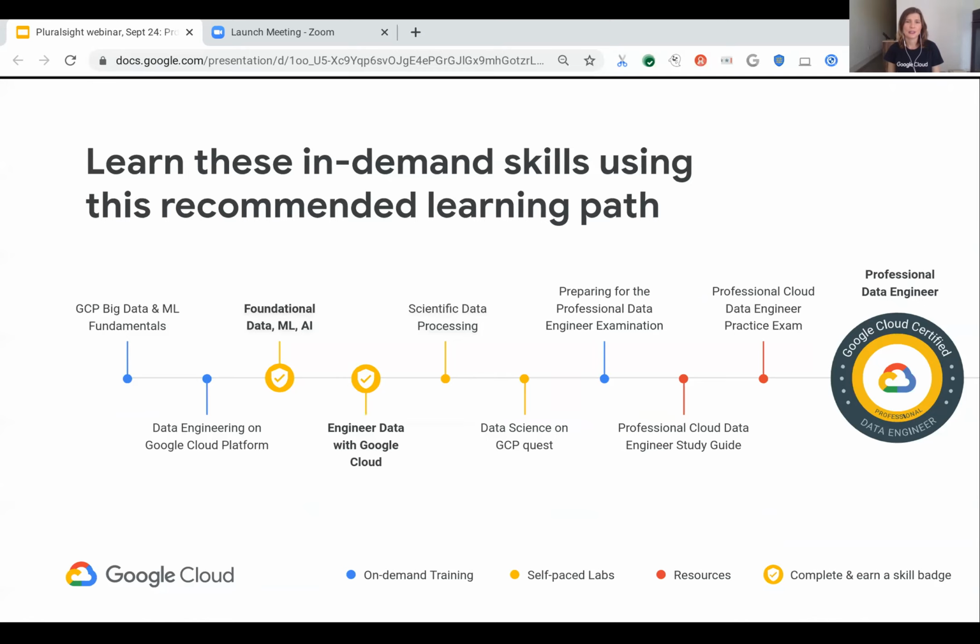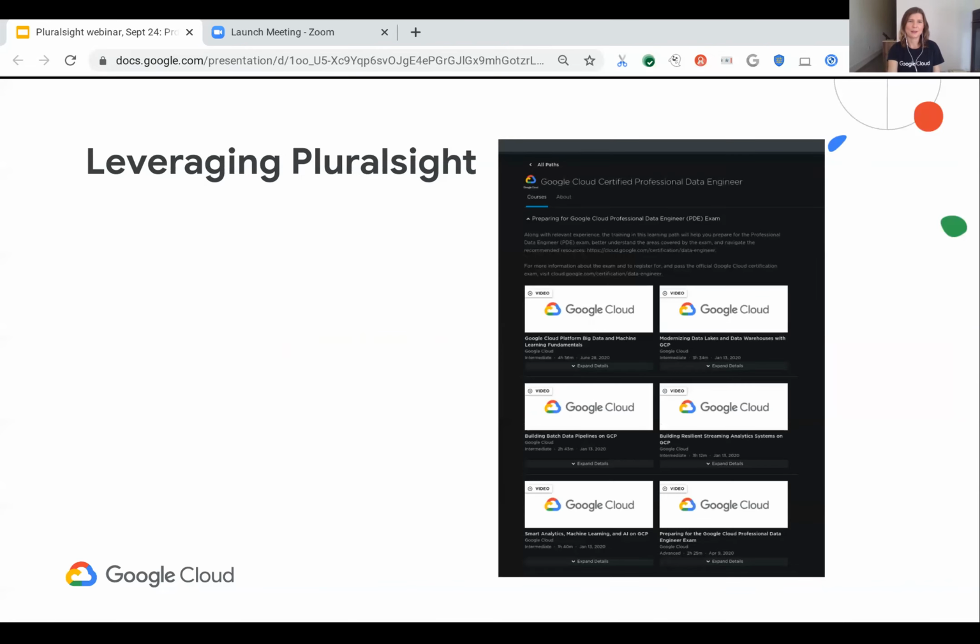So these learning journeys comprise training resources, hands-on labs, and recently launched skill badges, and also other resources like sample exams or study books. So right now, let's have a bit of a deep dive into leveraging Pluralsight resources on your preparation journey for the professional data engineer certification.